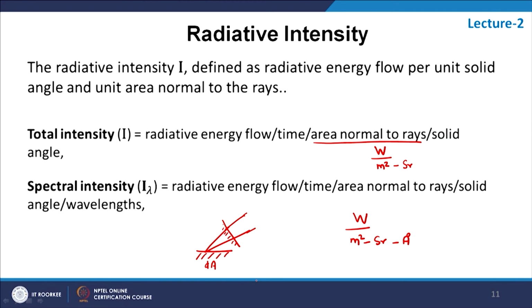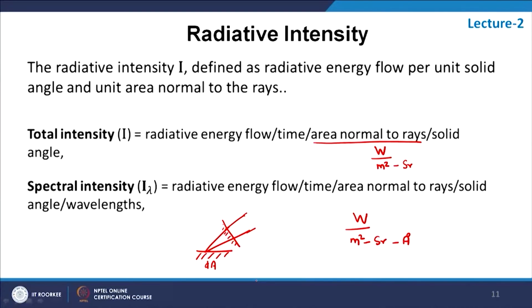So, intensity is always defined in terms of area normal to the direction of propagation. This is sometimes confusing, so keep in mind that radiative intensity is defined as the energy emitted per unit area normal to the direction of propagation of the radiation.